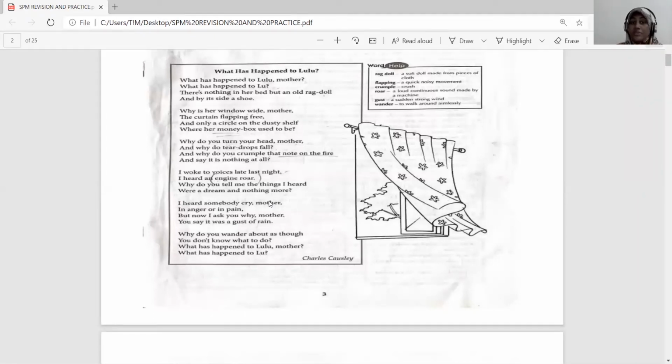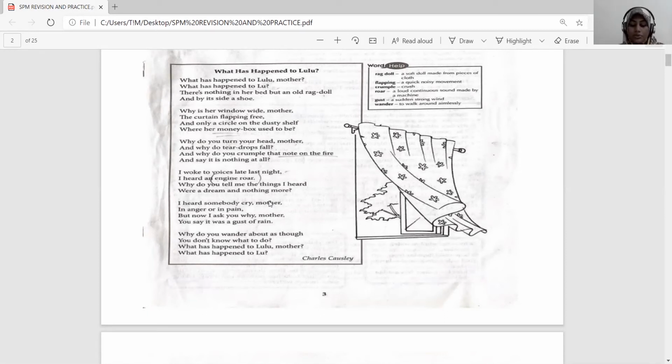It wasn't mentioned why she ran away, but we know when somebody is running away from home, the problem starts from the home, not from outside, right? So the family relationship that happened in the family made Lulu decide to run away from home, right? So that would be the evidence.